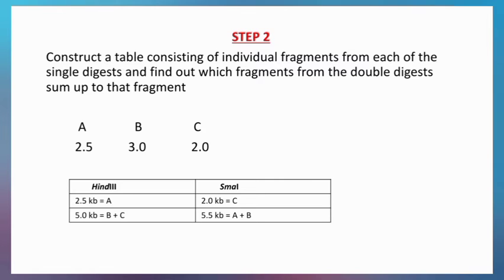So this means that the 2.0 kilobase fragment from Sma 1 can be equated to the letter C. In the case of the 5.5 kilobase fragment, we couldn't generate this fragment from the double digestion, but luckily for us, we can combine 2 different fragments from the double digestion to get it. When we combine fragment A and fragment B, that is 2.5 plus 3.0, we get 5.5. So the 5.5 kilobase pair fragment is equal to A plus B.